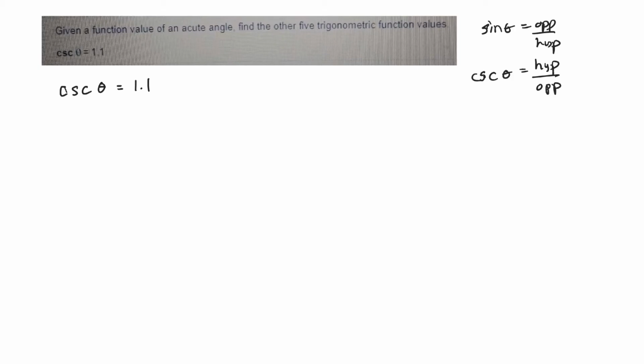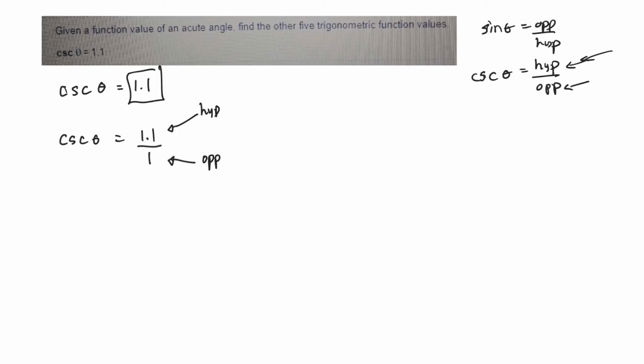But my problem is that I don't have a fraction. Like, I'd like to assign a number to the top and to the bottom. But what you could do is change that decimal to a fraction. So you could say, well, cosecant theta is 1.1 over 1. So you could use 1.1 for the hypotenuse, and you could use 1 for the opposite side.